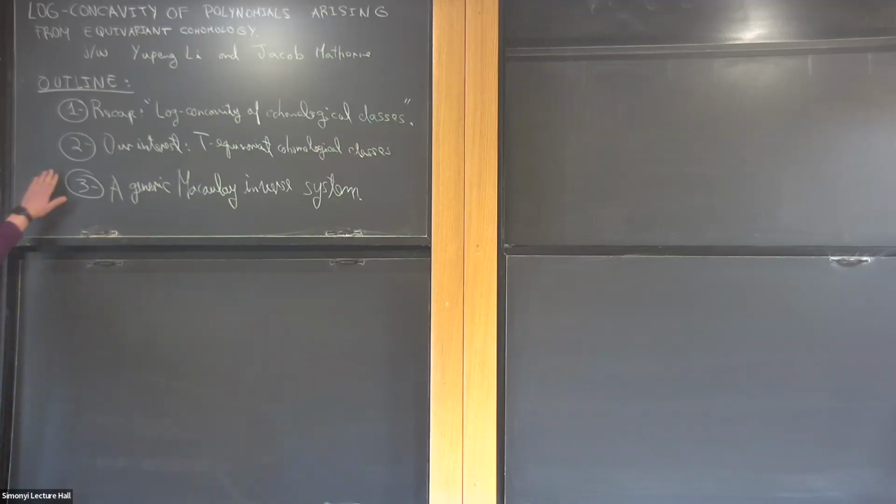Then my interest in this talk is to see whether we can find some log-concavity in the torus-equivariant cohomological classes of varieties inside the space of matrices. And then, time permitting, I will try to present a generic version of Macaulay's inverse system that can be applied to cohomology rings. Okay, so let's do the short recap.